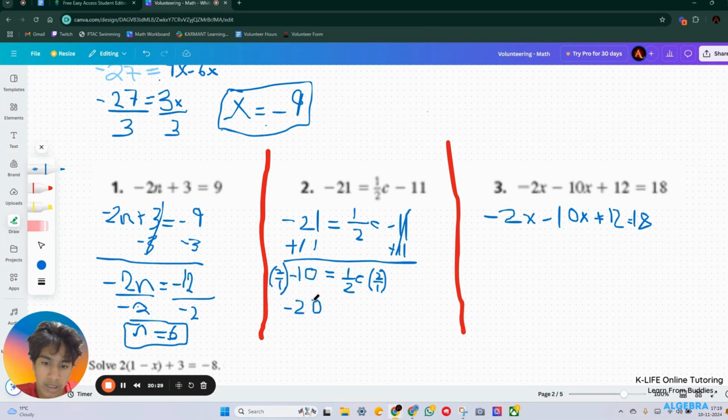-20 equals. Now in this case, look at this. 1/2 times 2 over 1 is what? So that's gonna be 1 times 2 is 2, right? And then 2 times 1 is 2. So 2/2 equals 1. So that equals 1c, or just say c, okay?